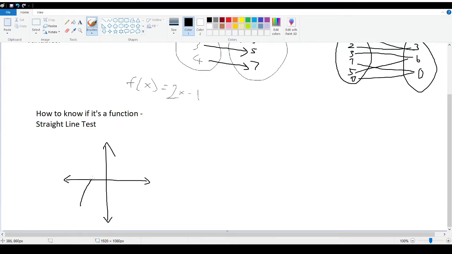I'm just going to draw any function, like a cubic curve or whatever. How do we know it's a function? What we have to do is draw a vertical line over it. It's called the vertical line test.